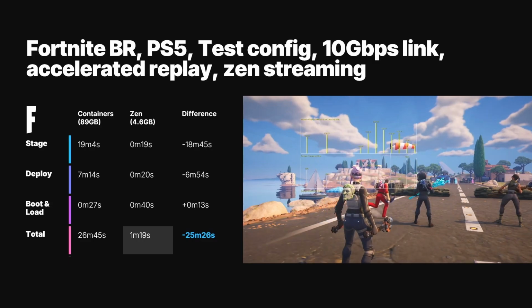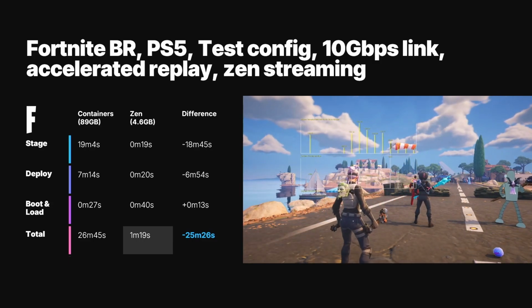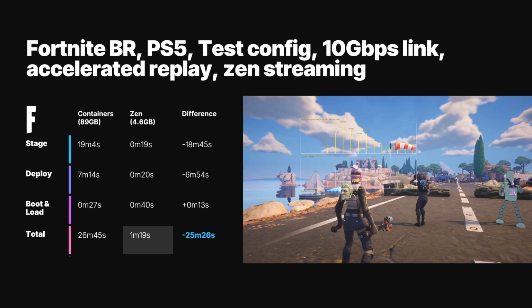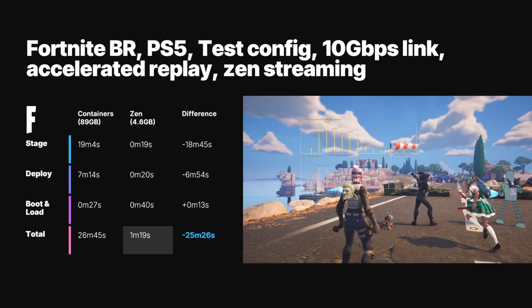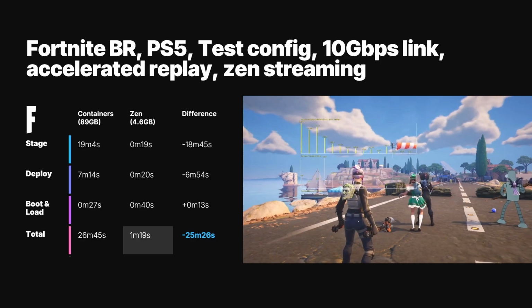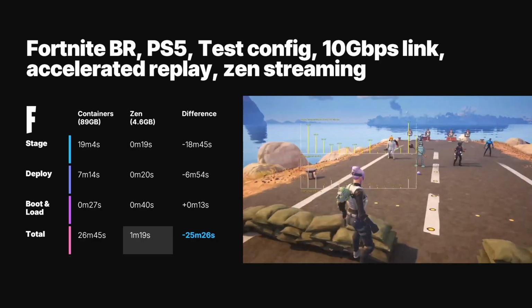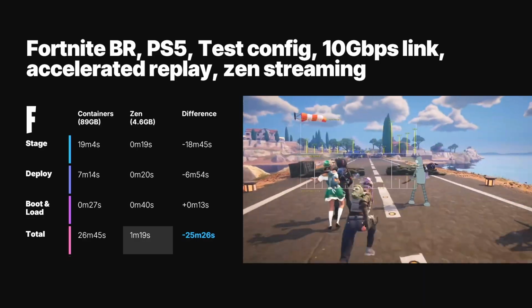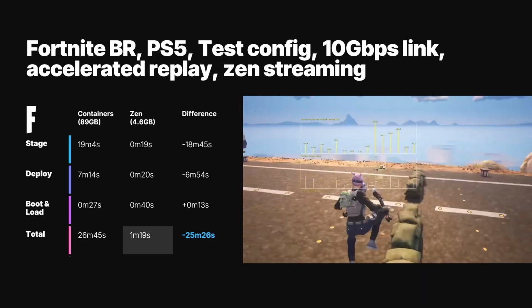Okay, so some context. You're going to see some video here. It looks high speed. What I'm demonstrating is a replay of Fortnite Battle Royale on PS5 at an accelerated replay rate. What I mean by that is not that I've gone and sped up the video after I recorded it.